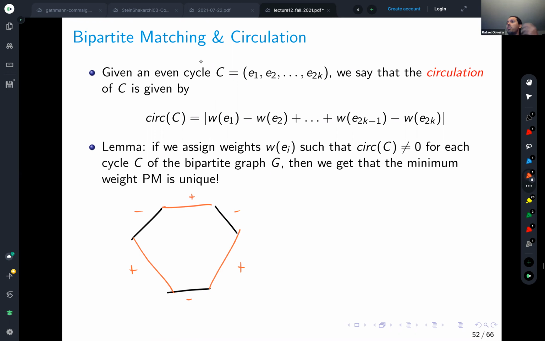If the circulation is positive, then it means that the orange is bigger than the black. But then, if the orange is bigger than the black, in the perfect matching which was orange, we can swap the orange matching by the black matching and decrease the weight. So this contradicts the fact that the two perfect matchings had minimum weight. Does that make sense?